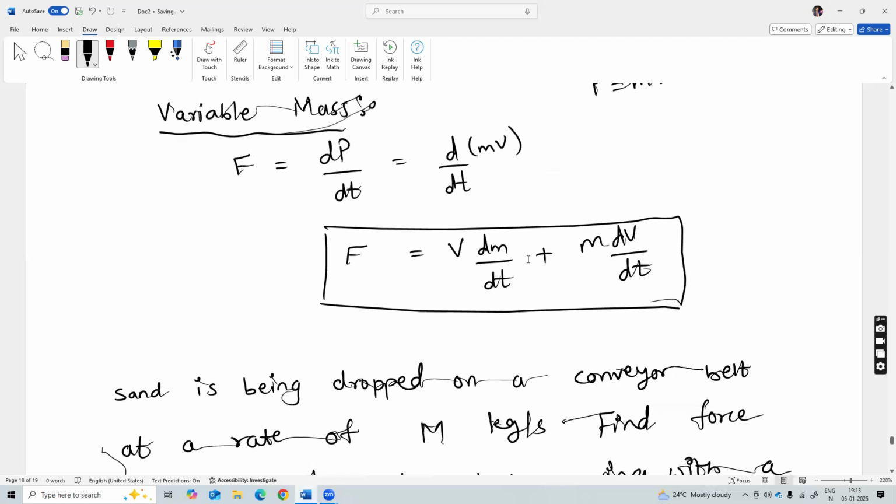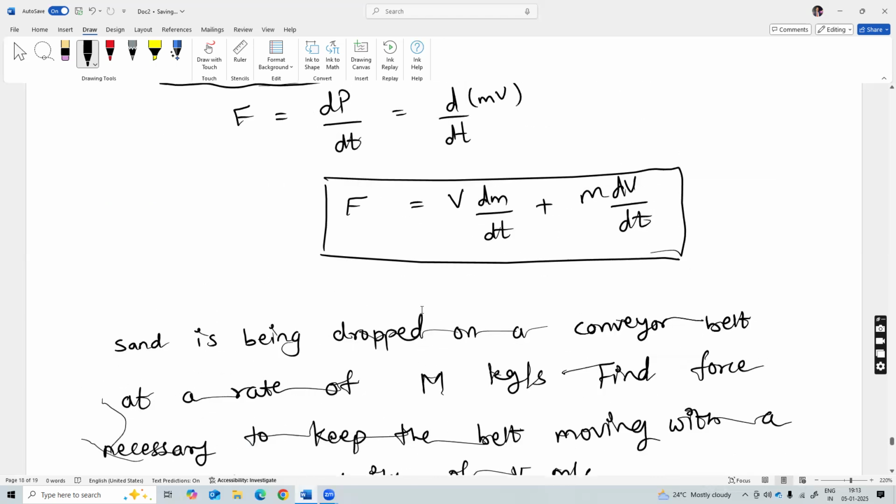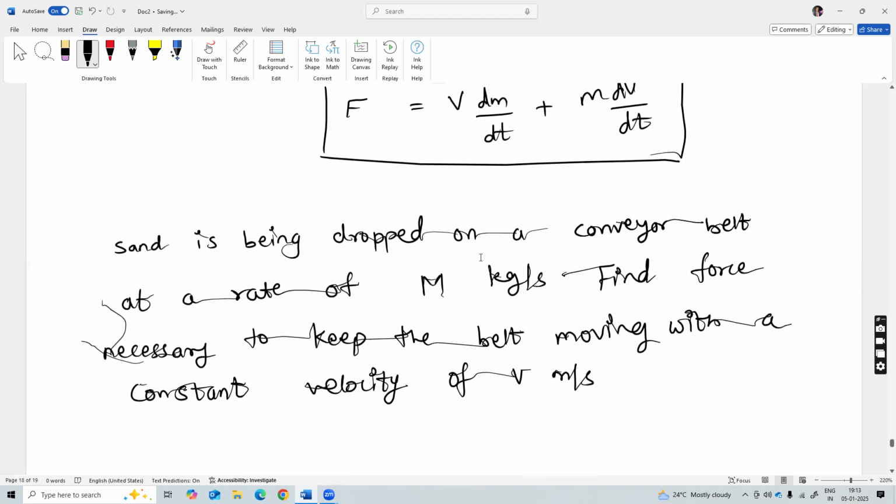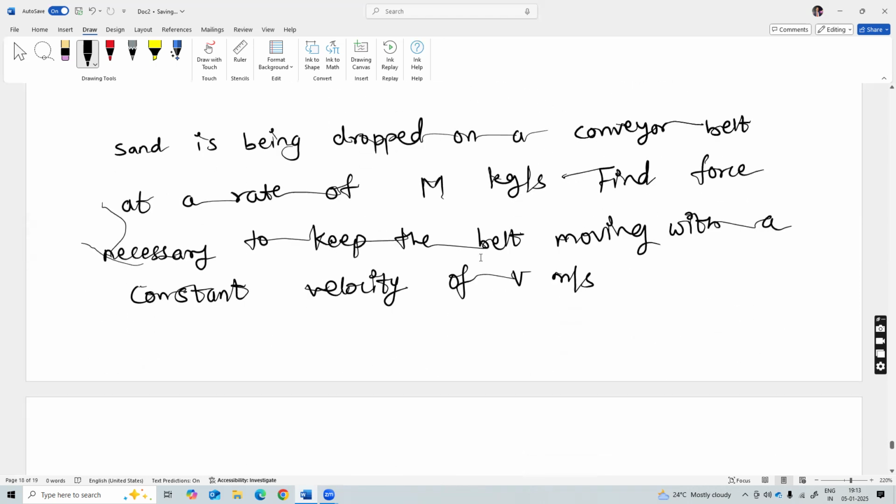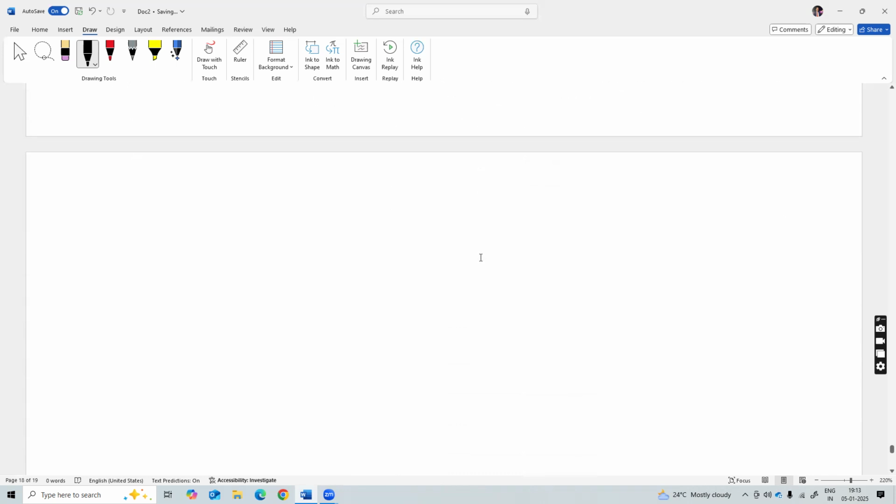So of course, in this case, we will have to use this formula where mass is also changing. Sand is being dropped on a conveyor belt at the rate of M kg per second. So we are increasing the mass of sand that is coming onto the conveyor belt, and therefore we cannot simply assume that mass is constant.